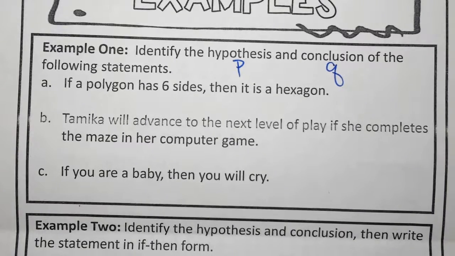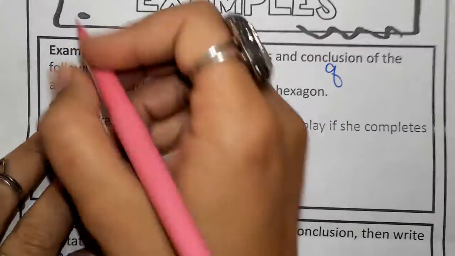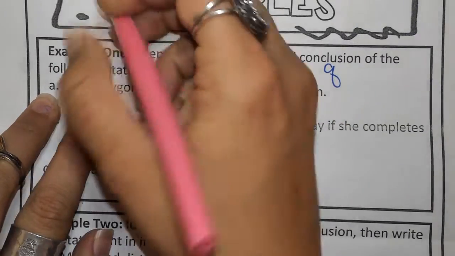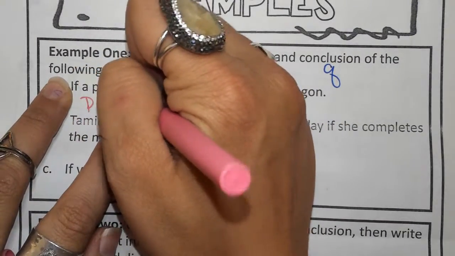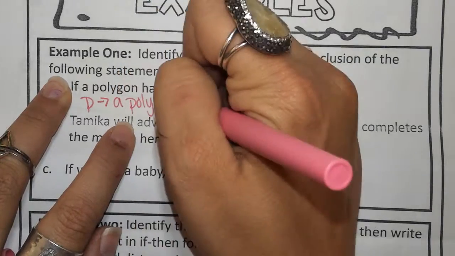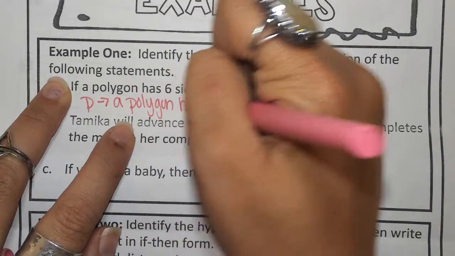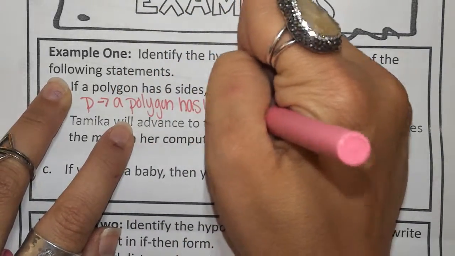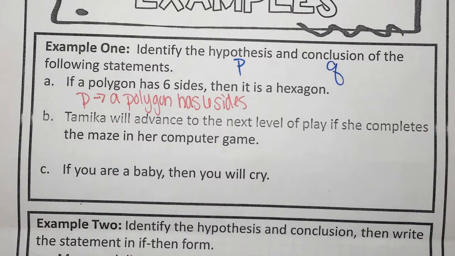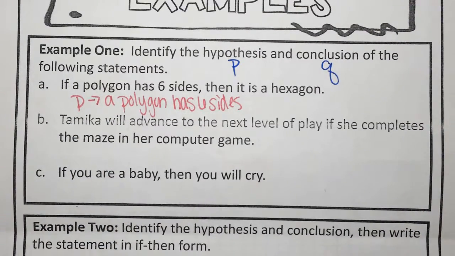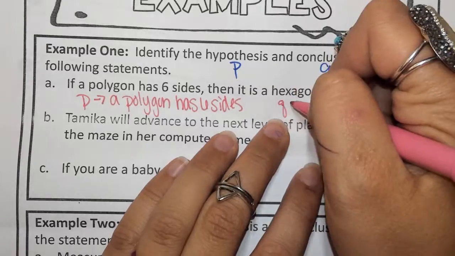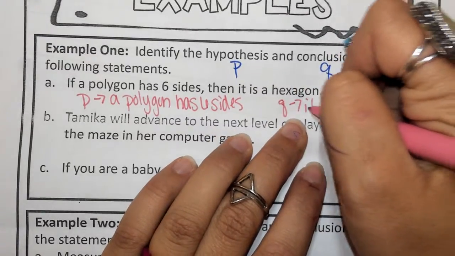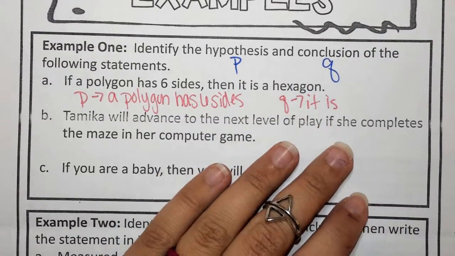So, what is our hypothesis? The polygon has 6 sides. Take a point. So, that's our P. What is our conclusion? It is a hexagon. We don't include if and then.